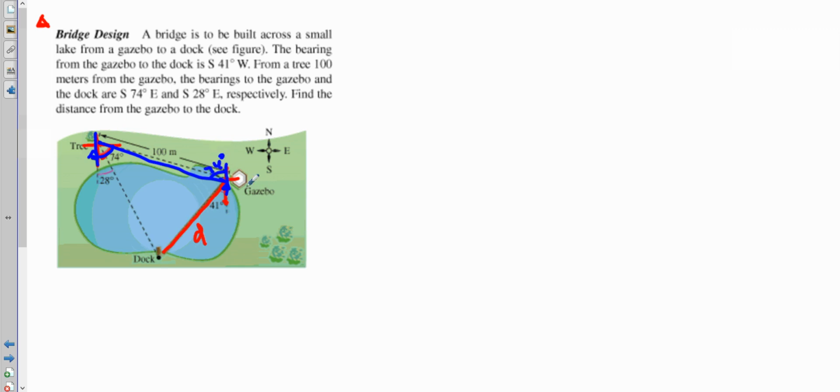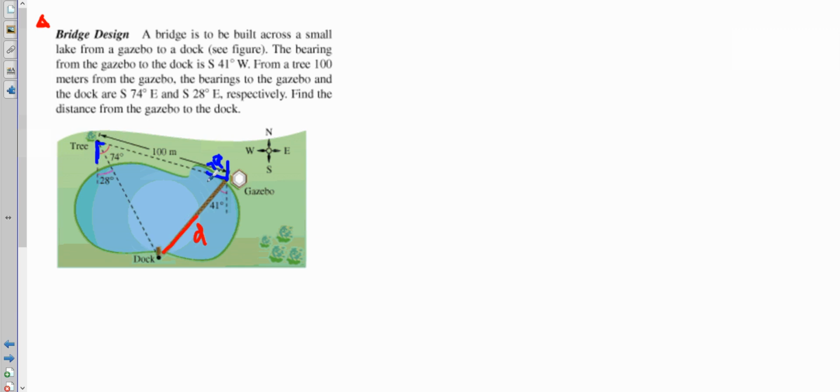Since these are parallel and this is 74 degrees, this angle coming out is going to be 74 degrees, going down right there.